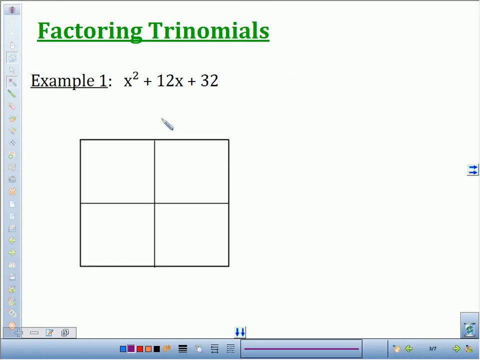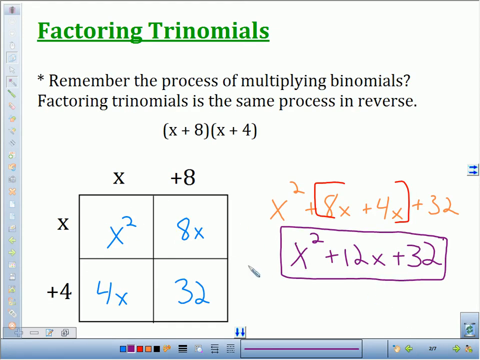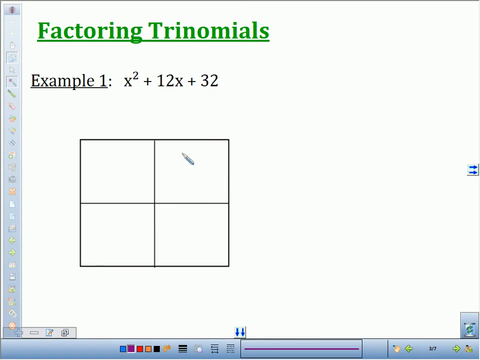I'm going to say I don't know what goes along the side. I don't know what's going along the top and what's going on along the side. I have an idea of what goes in the box because I know that in the first box I have x squared, and in the last box I have 32. I know that because that is the first term here and the last term there.